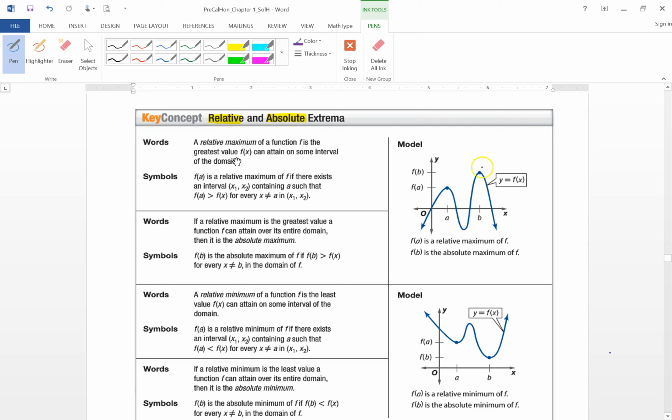Okay, so this is the absolute max, and this is the absolute min. Please remember that in order for it to qualify as a max or min, it has to be a peak or a valley. All right?